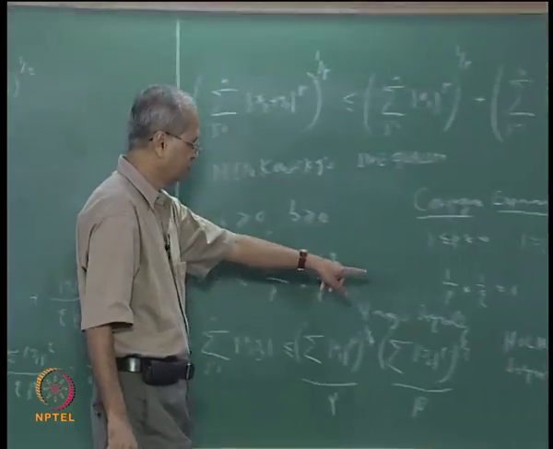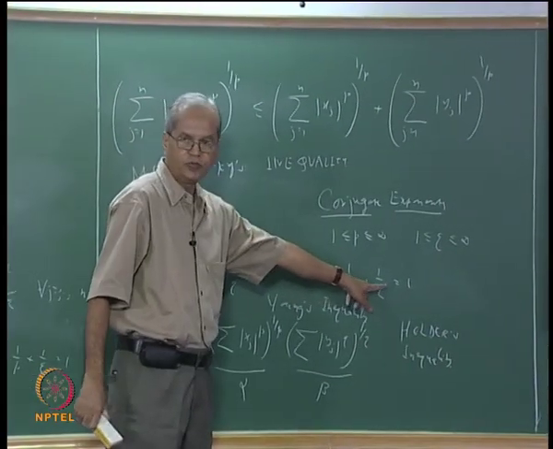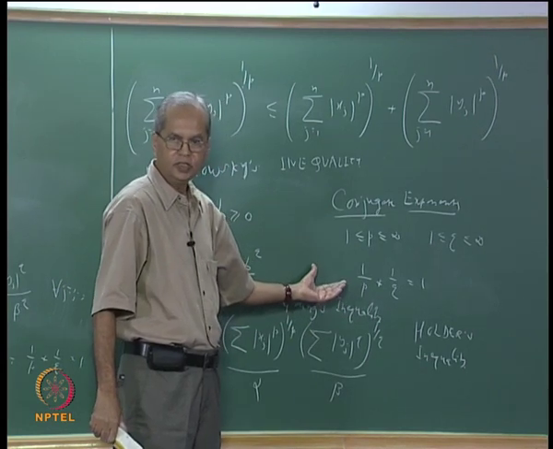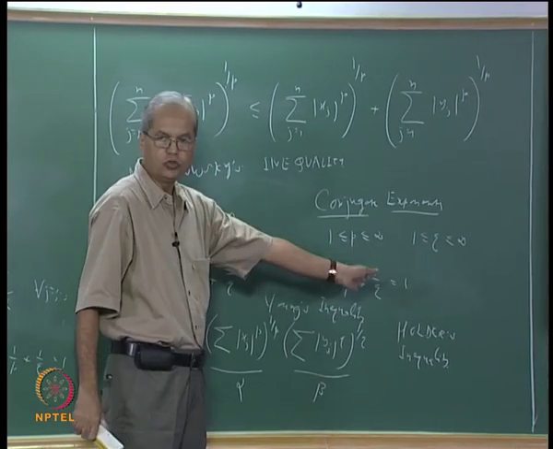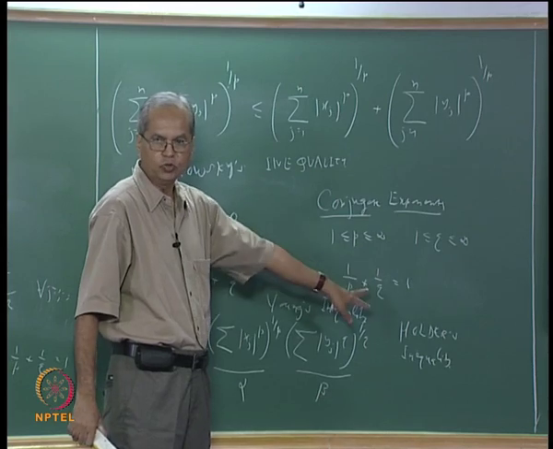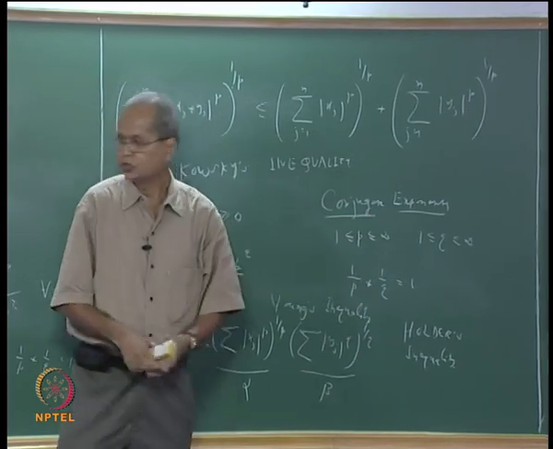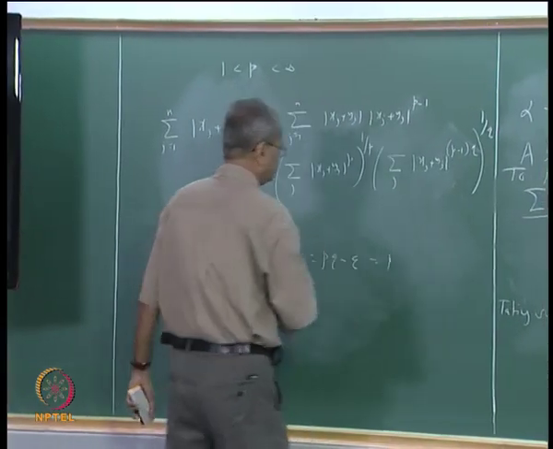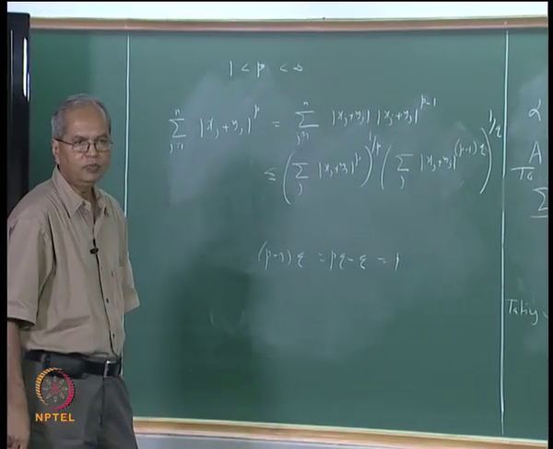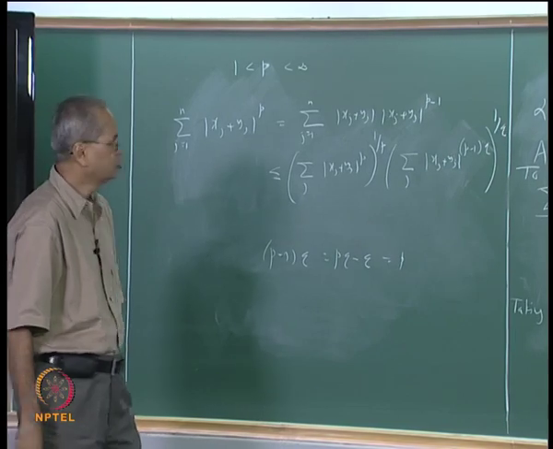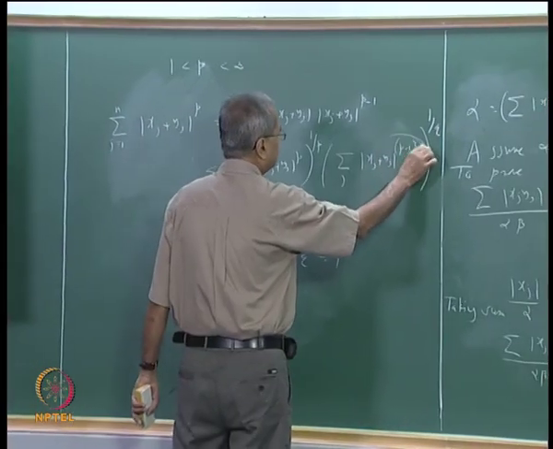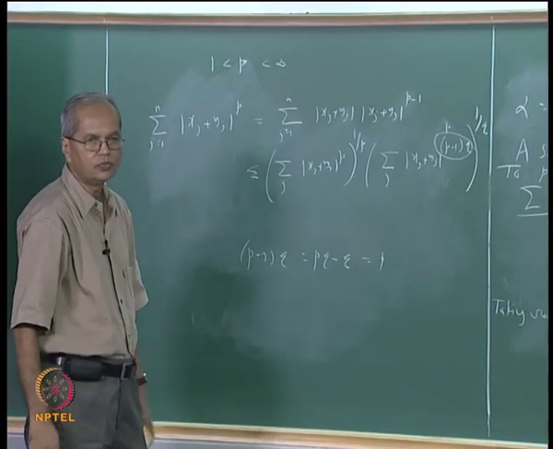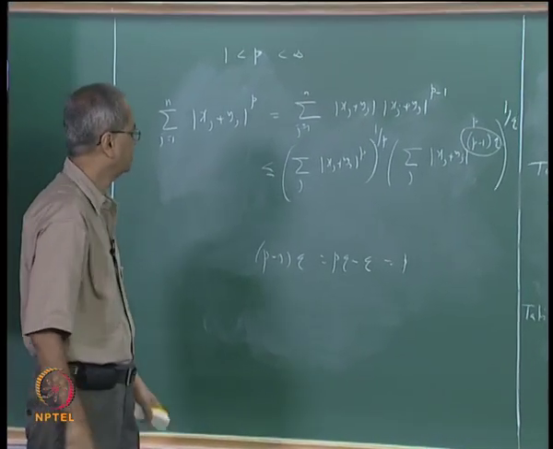It is 1 by p plus 1 by q is 1. So what follows from here? Suppose you multiply by pq throughout, it is p plus q equal to pq. So this pq minus q is nothing but p. So this exponent here is nothing but p.